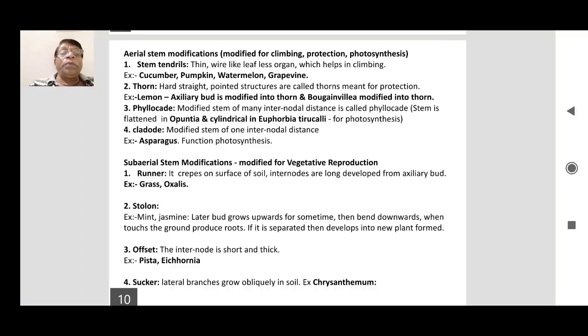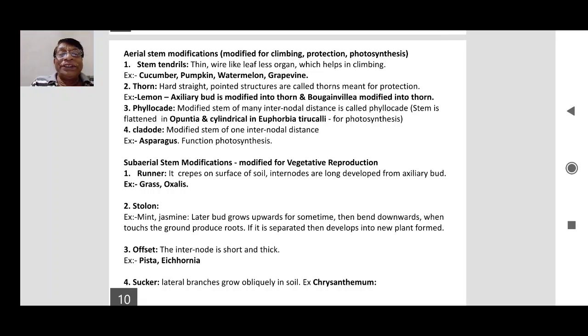Cladode, it's not mentioned in your syllabus, but here I am mentioning. It's a very closely related thing. In case of asparagus, the leaves are modified into spines, but the stem is modified and looks like leaves.